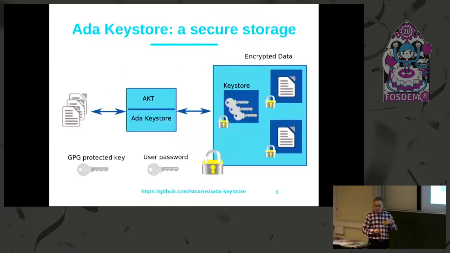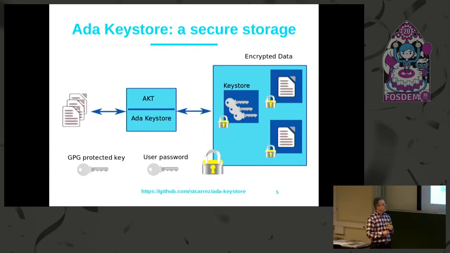So on top of the key store, I have the Ada Key Store, which is a library. I have written a tool, which is AKT. What the tool does is it takes the documents and stores them in the key store file. Each document, in fact, is protected by its own key.